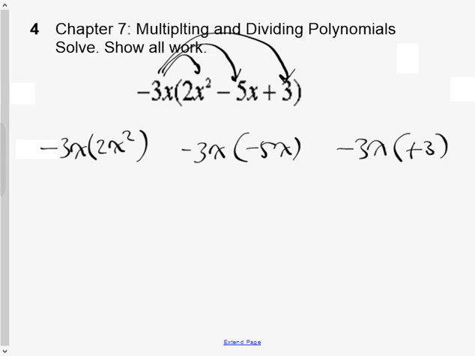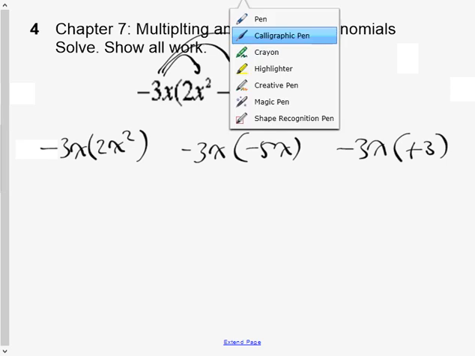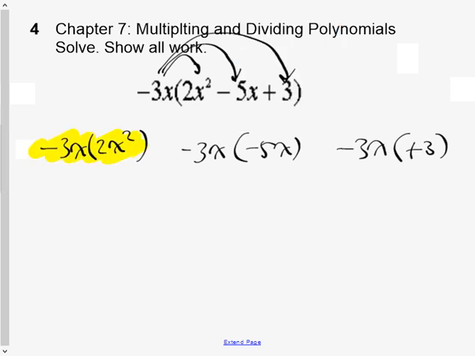And when we multiply the first one, if I think about this first one right here, what does this mean? Well, it means a negative 3x is a negative 3 multiplied by x, and 2x squared is a 2 multiplied by x squared, which is really an x multiplied by x. So when I think about what negative 3x multiplied by 2x squared is, it's really the product of those three.